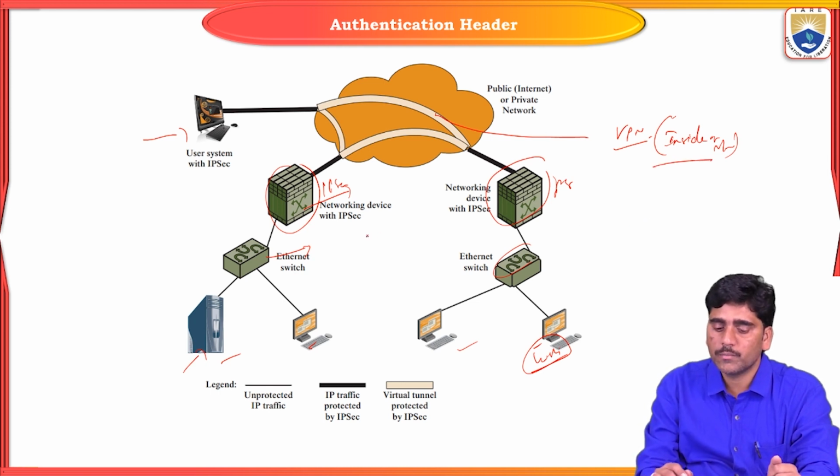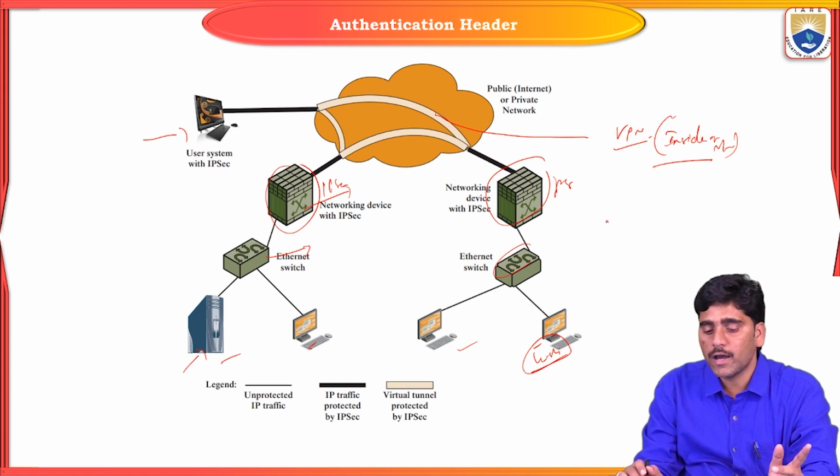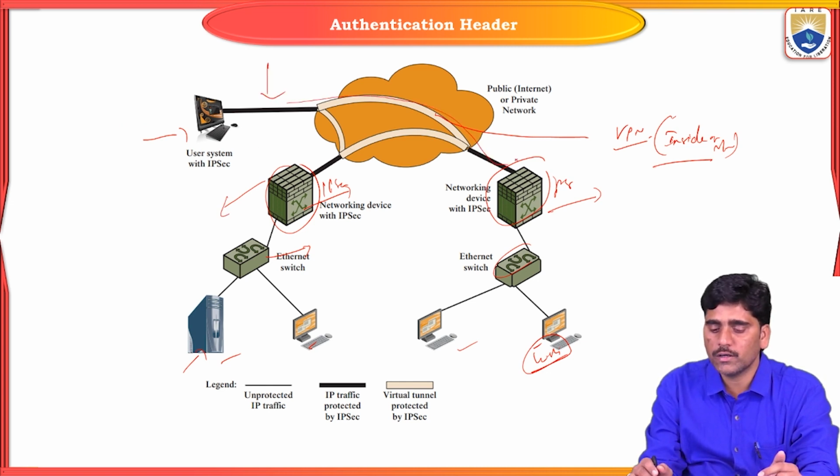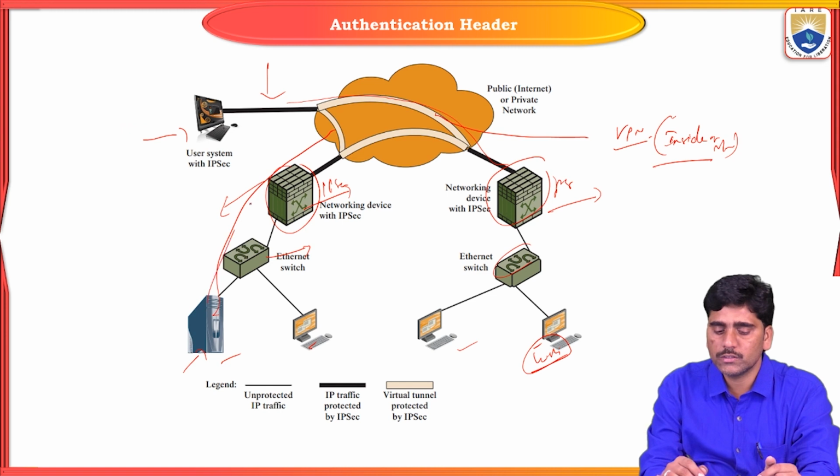So here it is providing services from network to host or network to network. This is one type of network, and this is another type of network. So it provides services network to network or system to network.